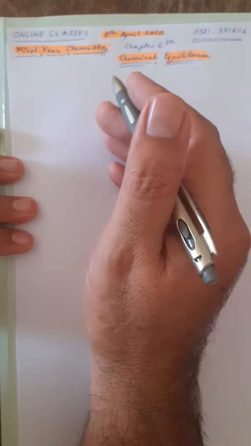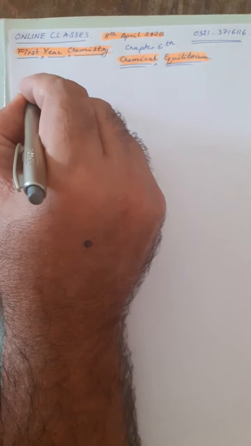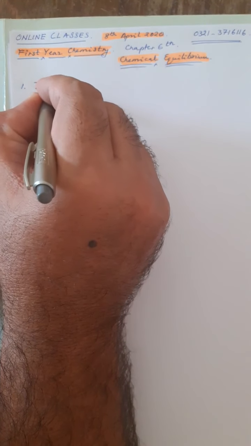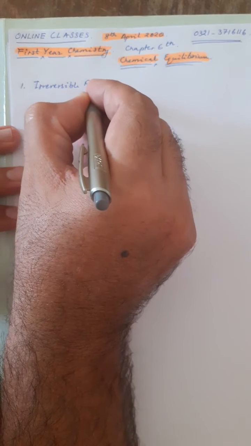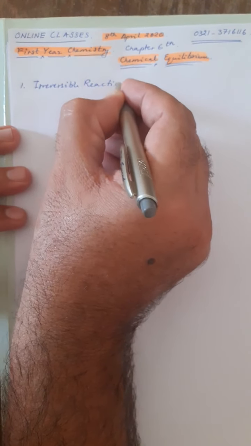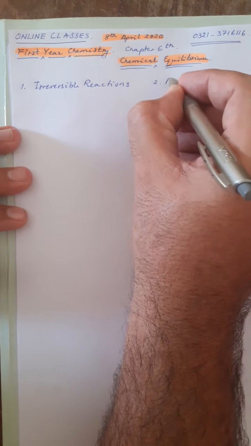Extent means how long the reaction can go, for how much time the reaction can go. So on the basis of extent, there are 2 types of reactions. One, the irreversible reactions, right? And the other type is reversible reactions.